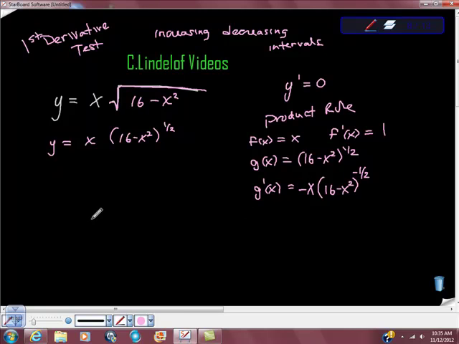Now I build the product rule, which is f of x times g prime of x. So x times, and g prime of x is negative x times 16 minus x squared to the negative 1/2 power. Does that all make sense? Plus g of x, which is 16 minus x squared to the positive 1/2 power times f prime of x, which is just 1, isn't it?